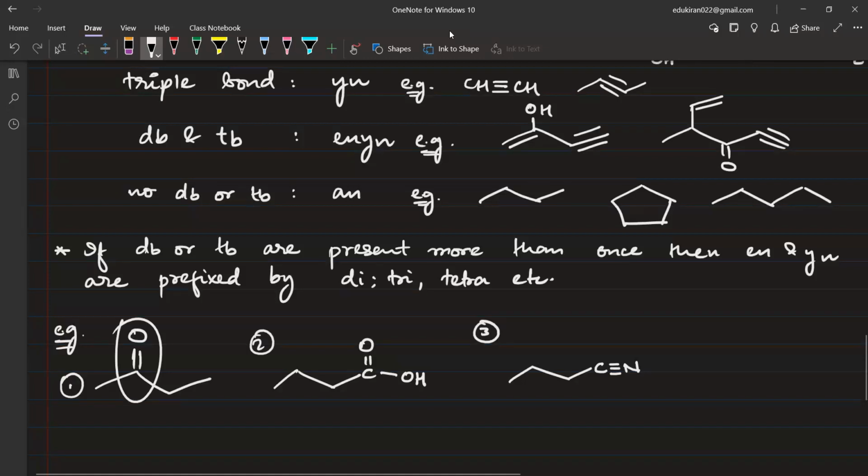Double bond is between carbon and oxygen. तो यहाँ पे क्या आएगा? यहाँ पे EN आएगा या नहीं आएगा? Will there be EN here? No. Similarly, will we have YN here? No. So here we don't have any double bond or triple bond between carbon atoms. So for all of these cases, the unsaturation is going to be AN, and AN. Is this clear?